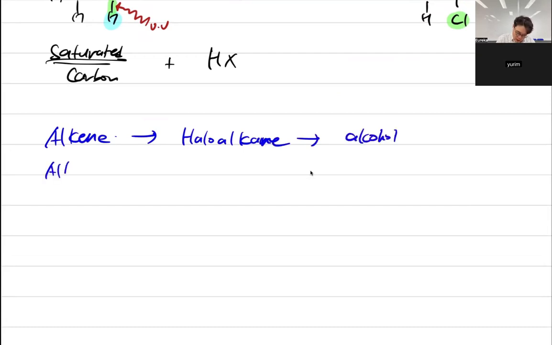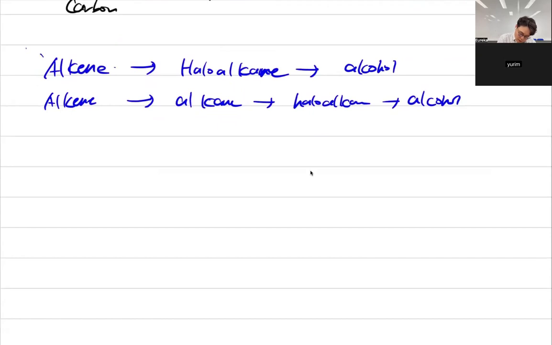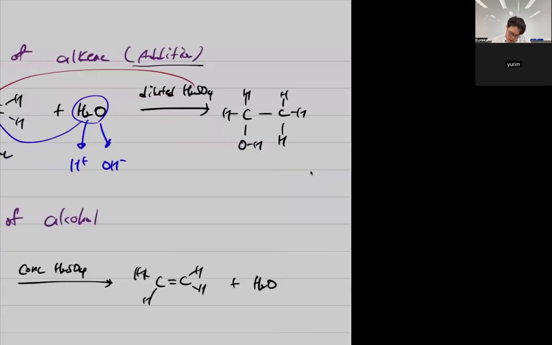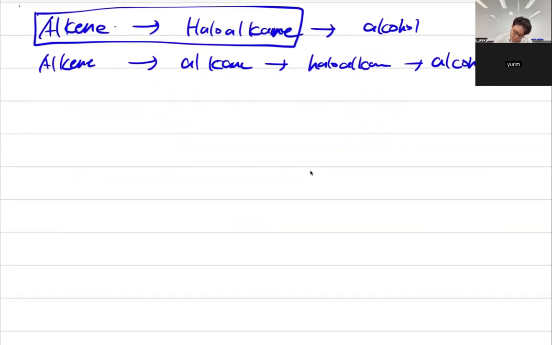Or we can go alkenes to the alkane, to the haloalkane, to the alcohol too. So it's more complex because it takes extra steps. So let's talk first about this one, alkenes to the haloalkane method. So that was the given number 6 hydrogenation process.